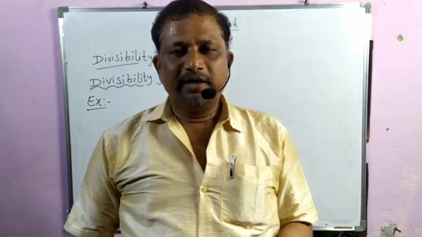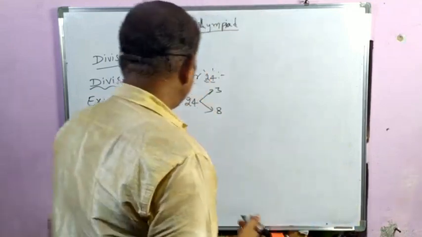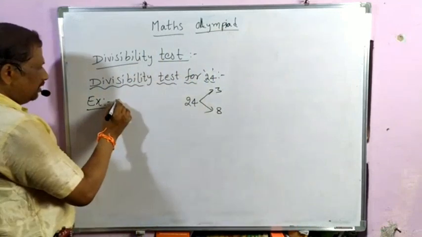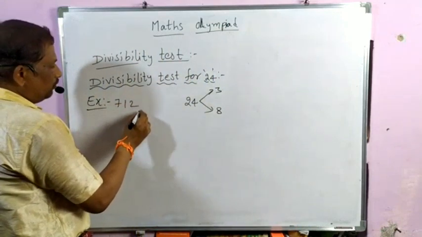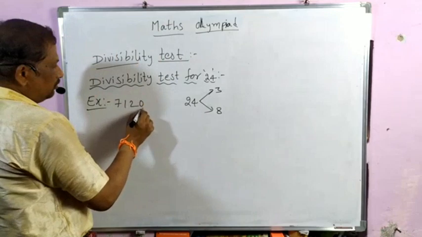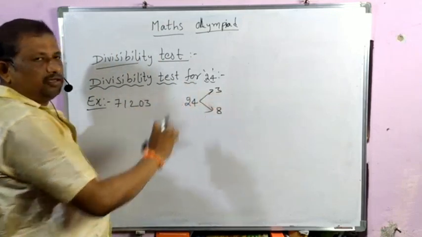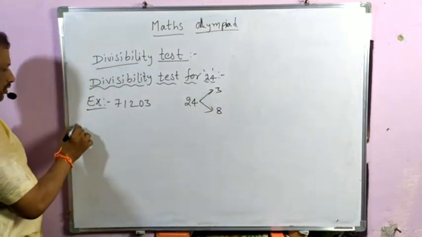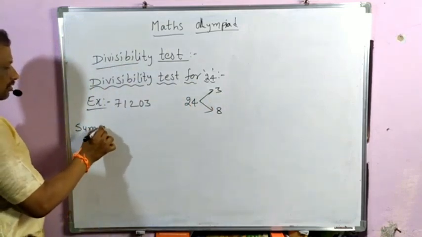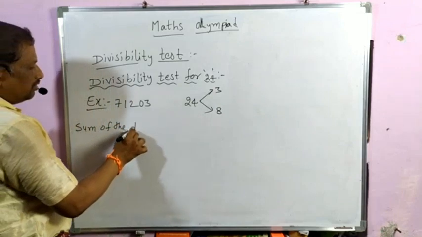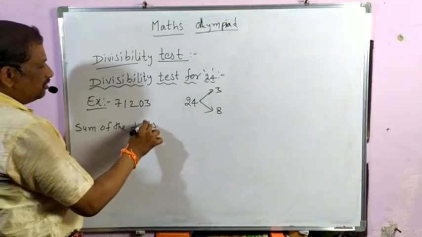Let us check by taking one example on board. So let us take one number, 71203. Okay, first the divisibility test by 3.